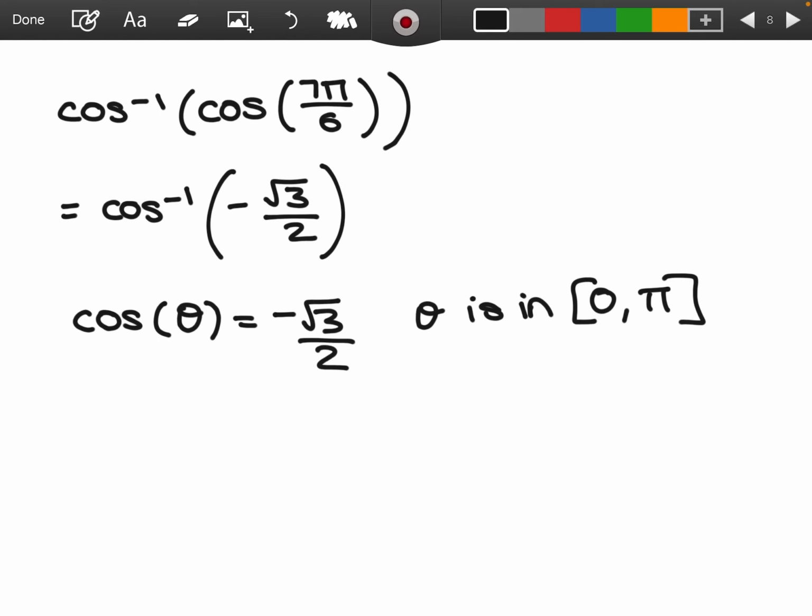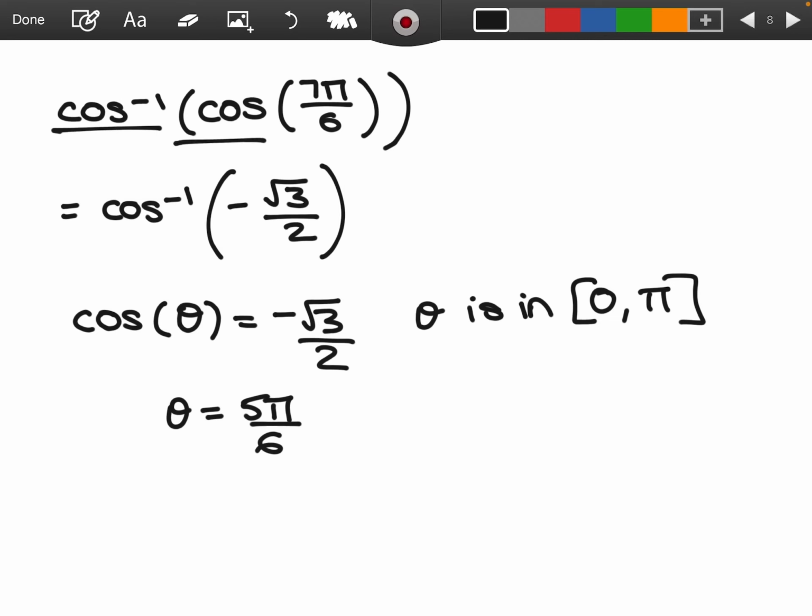It's negative, I know, because I'm looking at a negative x-coordinate here. I've got to be in quadrant 2. So if we look at the x-coordinates such that the x-coordinate for the terminal side of that angle is negative the square root of 3 over 2, I end up with theta equal to 5 pi over 6.